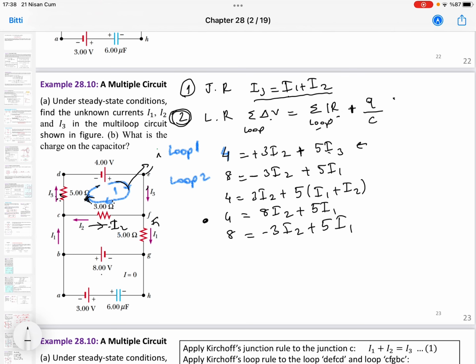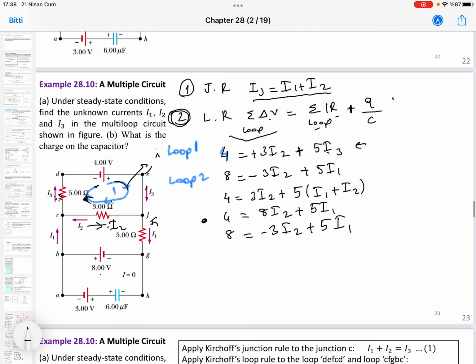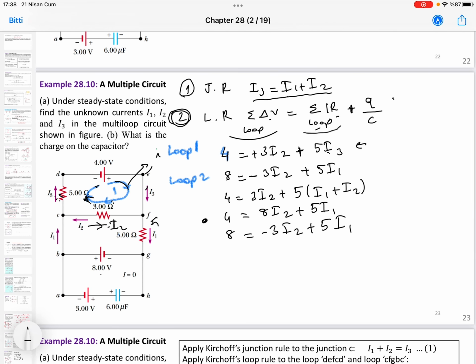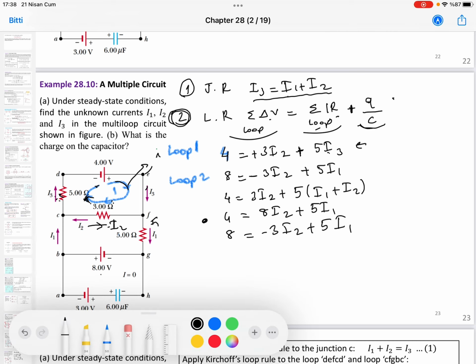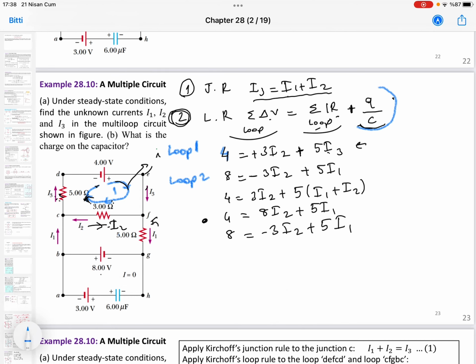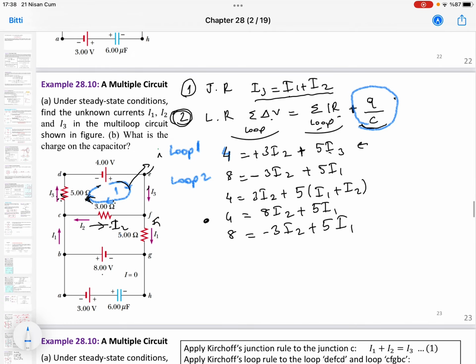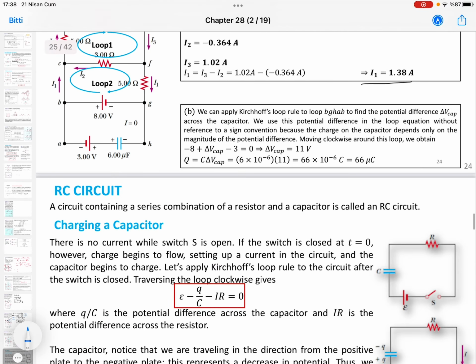If you look at this part, it gives potential. Also this part gives potential information. Of course, this potential is coming from the capacitor. I will just add the second information for potential coming from the capacitor. So I just have to add this part.